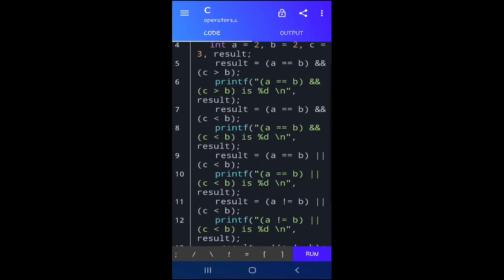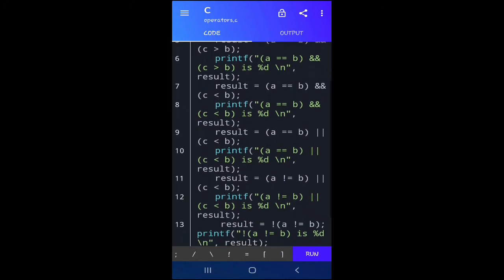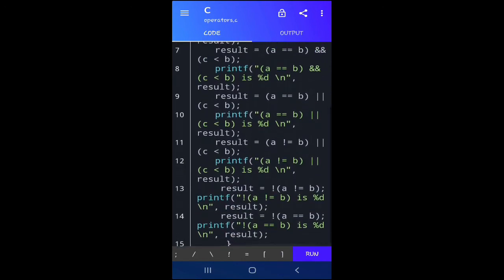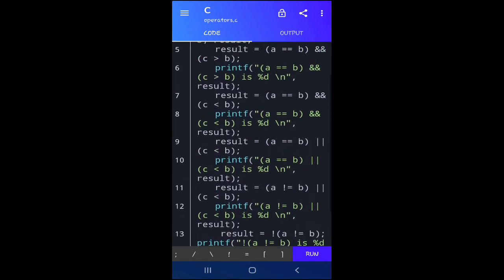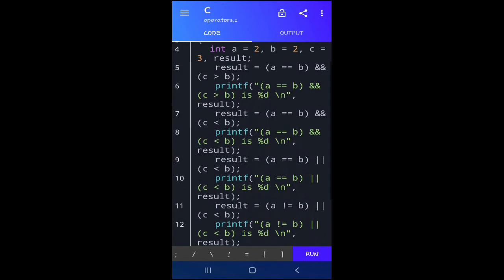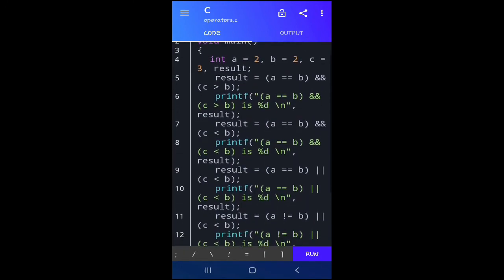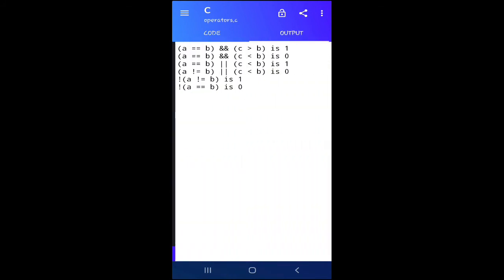Okay guys, look at the program once again. I'm scrolling down slowly, have a deeper look at the program. This is the program wherein we have used logical operators extensively. I hope you have understood it.